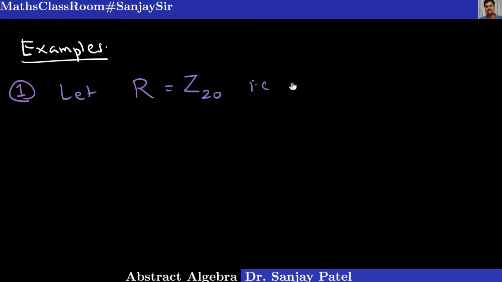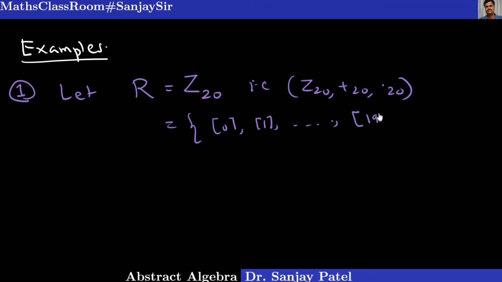So I am taking the ring Z20, plus 20, dot 20, that is the ring of residue classes modulo 20. And you know that the elements of this Z20 are class 0, class 1 up to class 19. There are 20 elements in this ring. And you know the operations are addition modulo 20 and multiplication modulo 20.